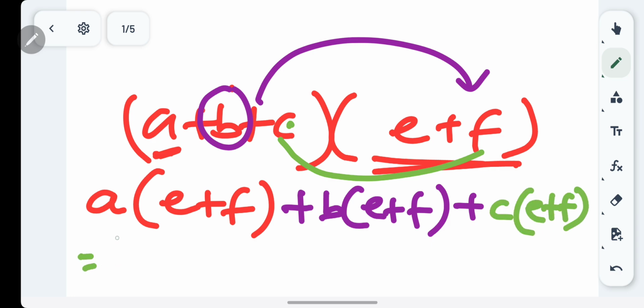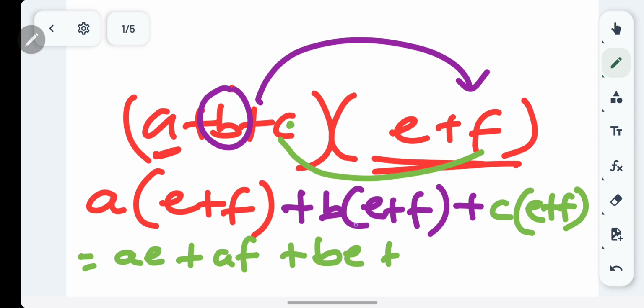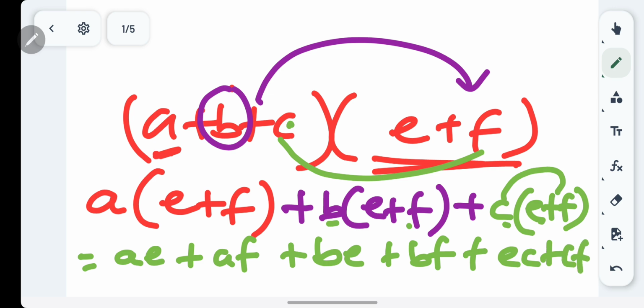When you're done, you only multiply out: A times E, AE, plus A times F, AF, plus B times E, BE, plus B times F, BF, plus C times E, CE, plus C times F, CF. And this becomes your answer since we are using letters.